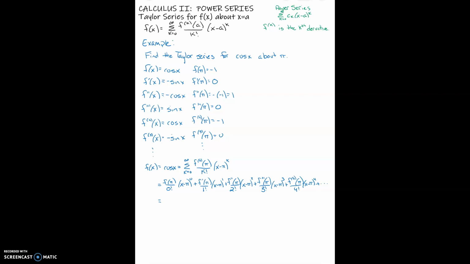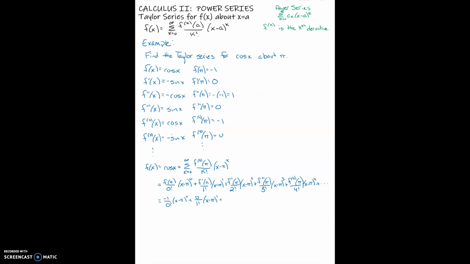All right, so let's go ahead and put those numbers in. Again, I'm going to look at these values that I have here and just fill in those on each term. F at 0 is negative 1 over 0 factorial. F prime gave us 0. Again, that's all I'm doing in this step. I don't want to get ahead of myself.